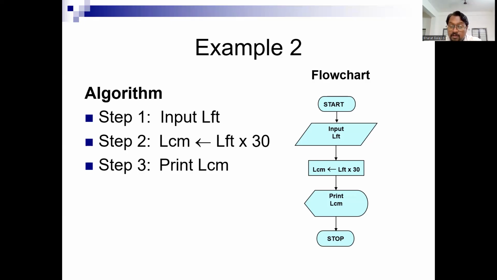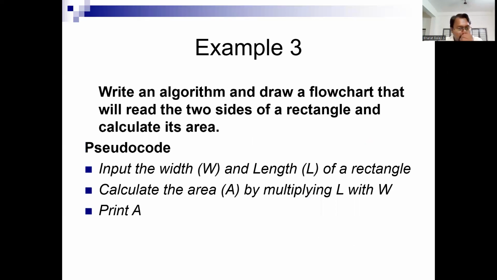After calculating the LCM, we print the LCM value. That is the output, and then the procedure stops. So this is another example. You can see it thoroughly, and then we are going to see another one.